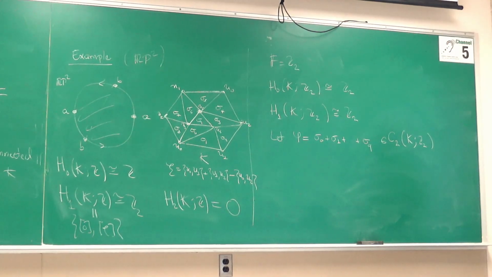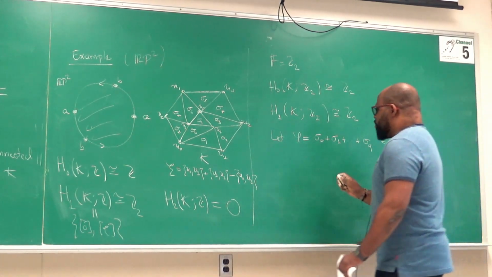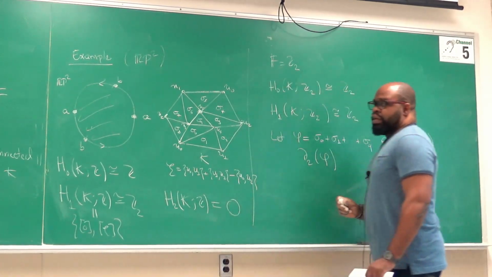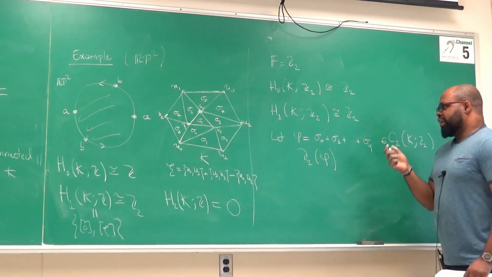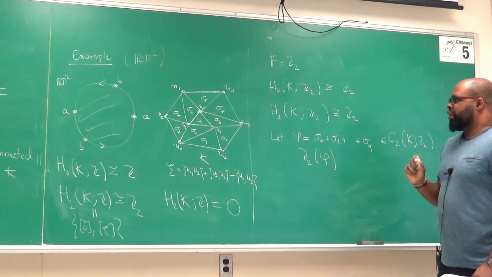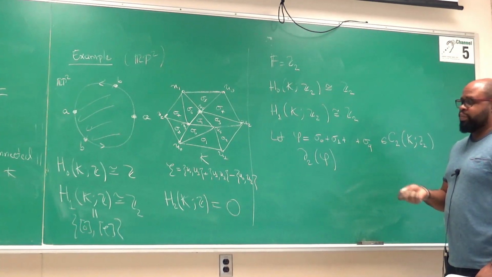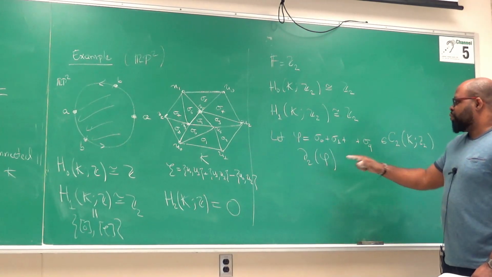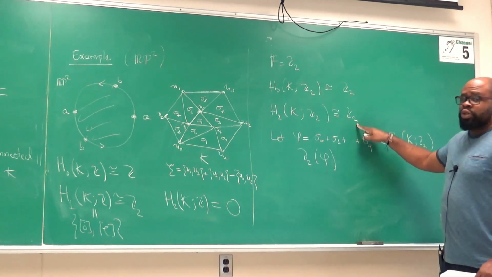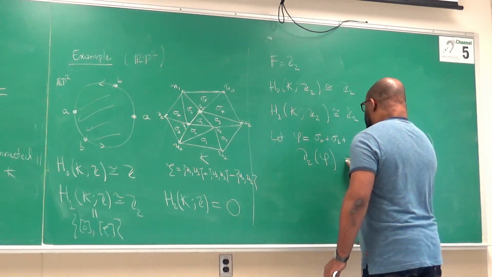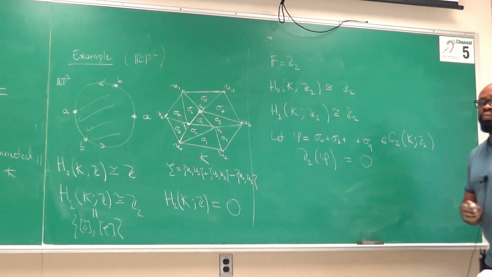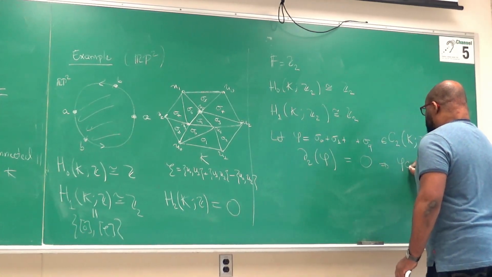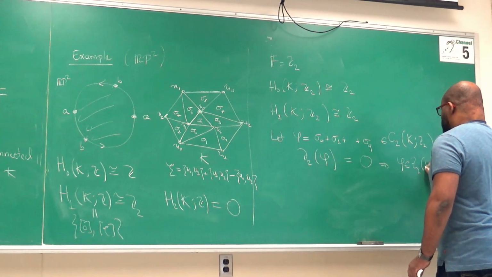So notice that if you take the boundary of phi, then each edge is going to appear 2 times. And since 2 is 0 modulo 2, then this is actually a cycle, okay? So in particular, phi is in Z_2.